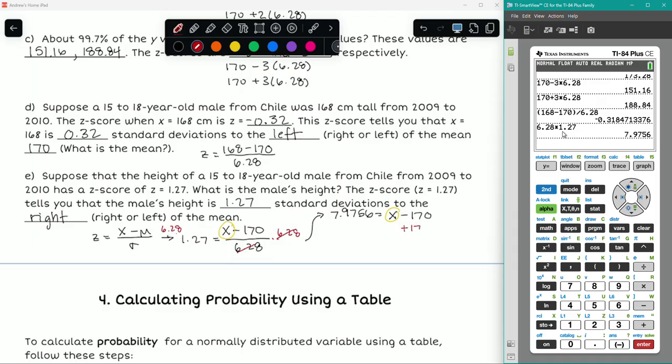So I'm going to add 170 to both sides. And those will cancel. So I get 177.9, and now I can round. 975 would round up to 98 equals x. So the height corresponding to a z-score of 1.27 is 177.98 centimeters.